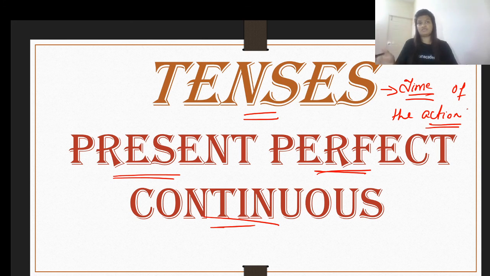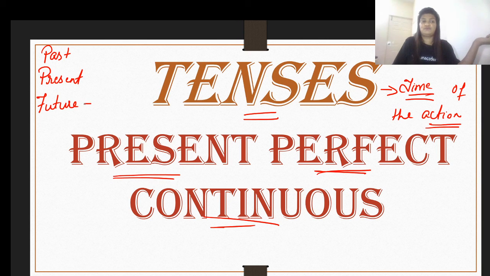What did I do previously? Before tenses, I taught you something else that is referred to as past. What am I doing right now? This time is called present. What will I be doing tomorrow or the day after tomorrow, in future? That timeline is referred to as future.